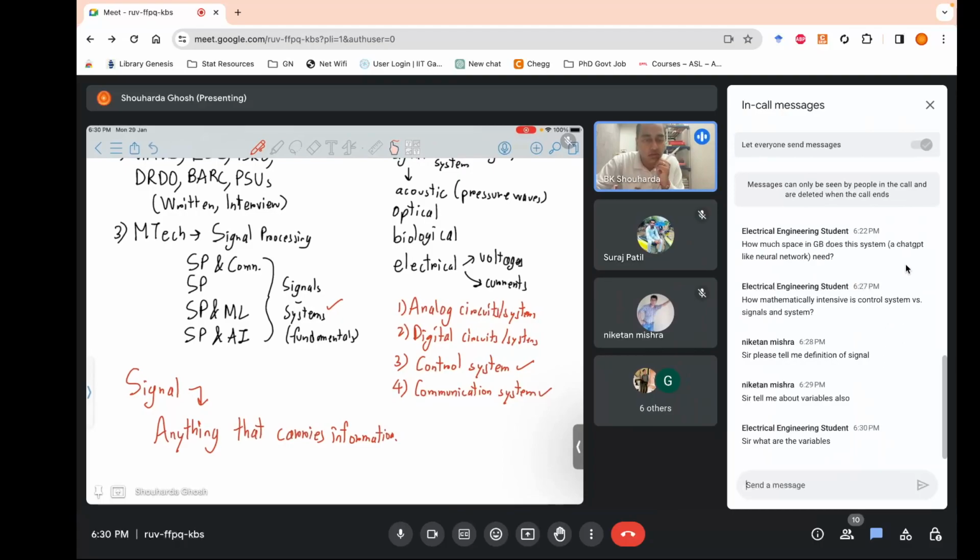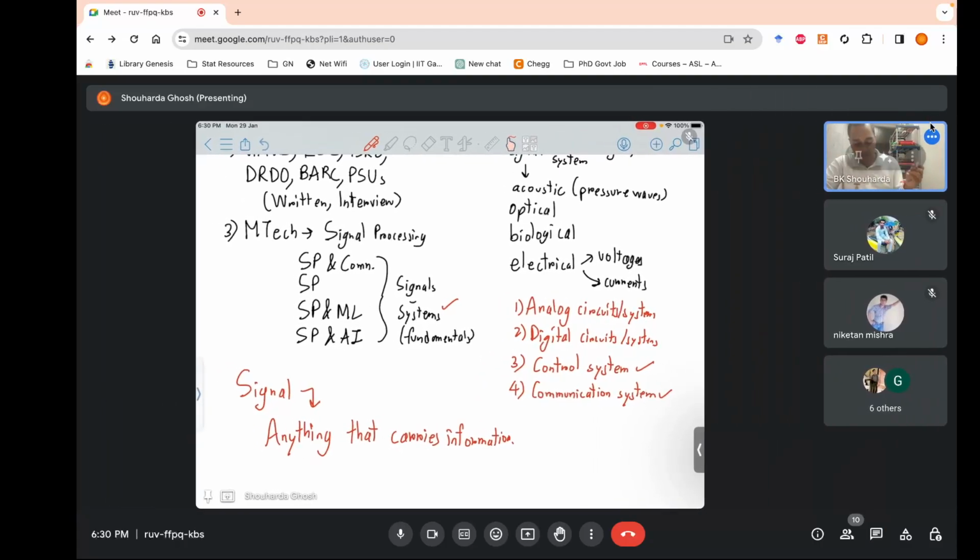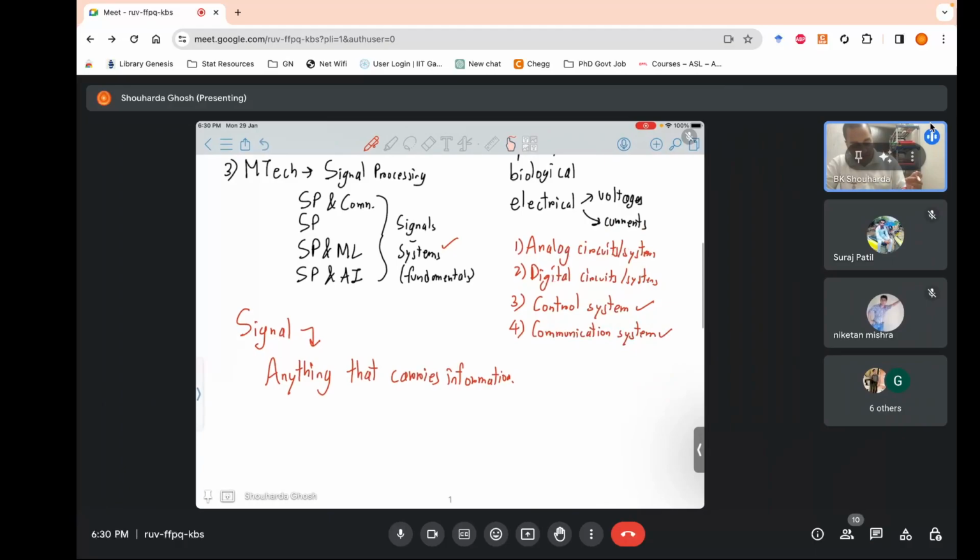So what are variables? Well, it's a bit confusing. By variables, do you mean the ones that you use in programming? Okay, so a variable, as far as I know, if you use MATLAB or Python or C++, is something that's used to store information.